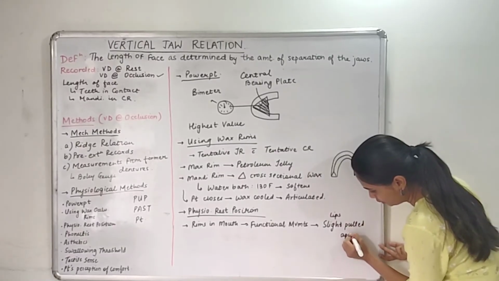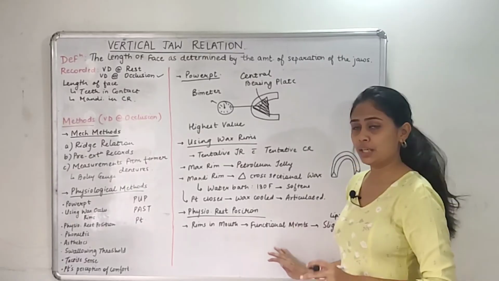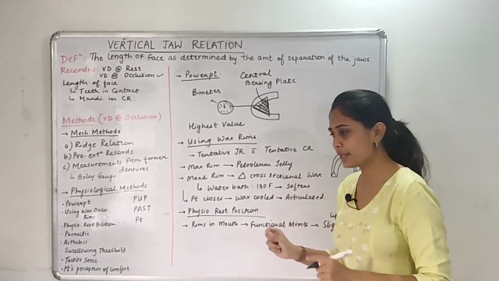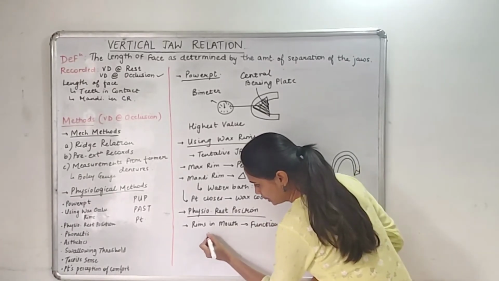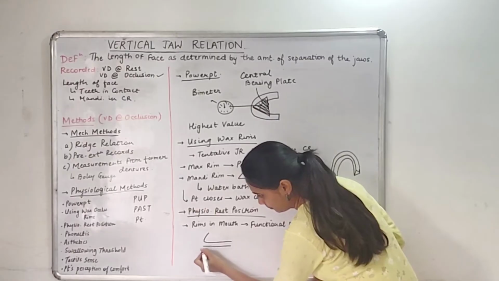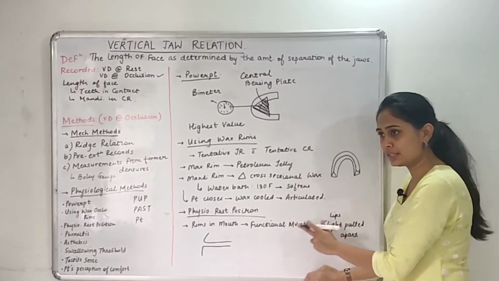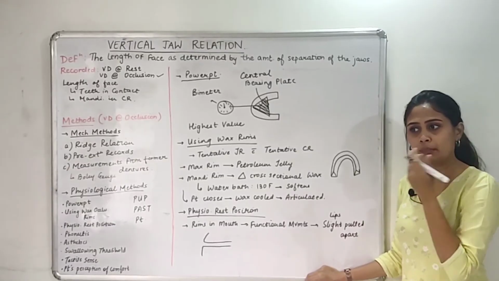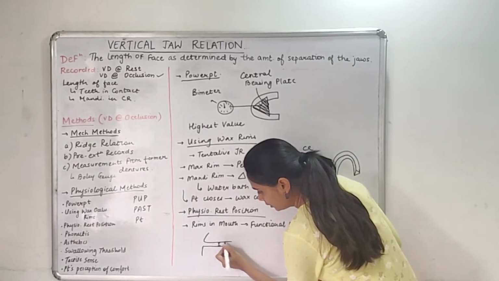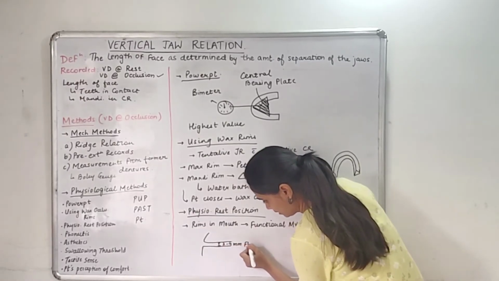And then we look for the space between the maxillary and the mandibular rims. As we saw, at rest there will be a certain amount of space between the maxillary and the mandibular rims. After the patient has done functional movements, the patient's mouth would be at rest, and therefore we'll have around 2 to 4 mm freeway space.